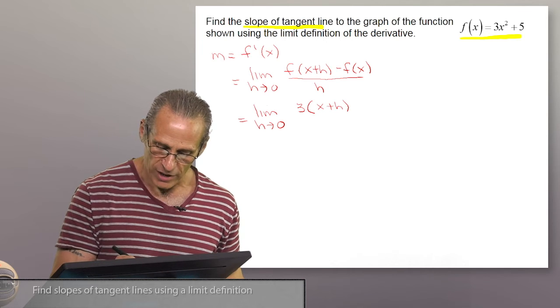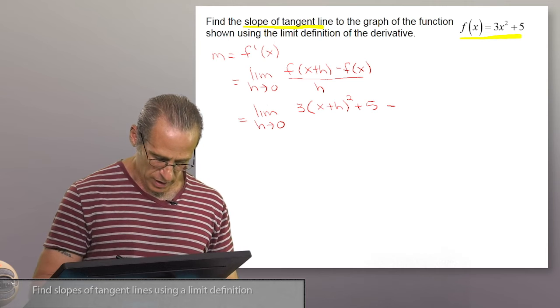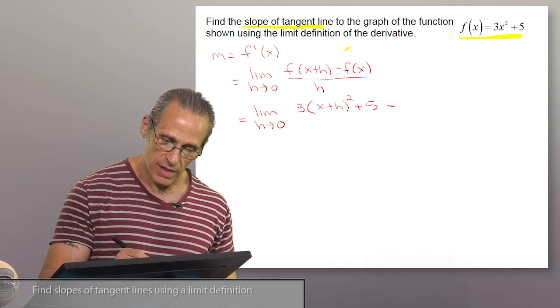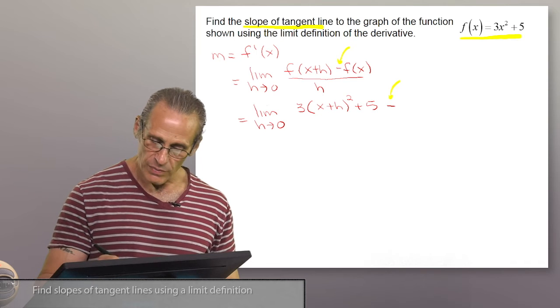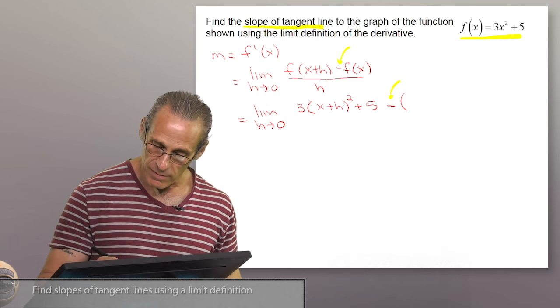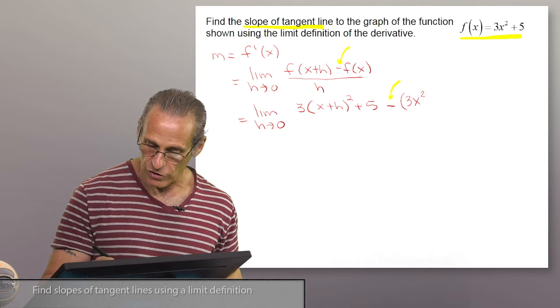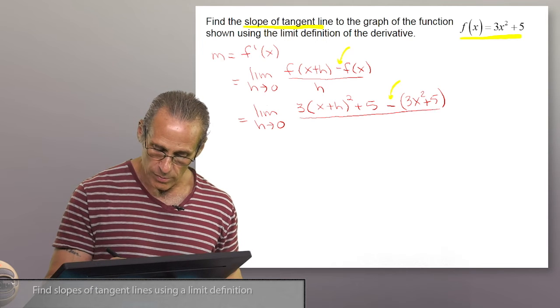So it would be 3 times x plus h squared plus 5, minus, and to make sure you're seeing where we are, that minus is this one right here, minus the function. And the function is going to be 3x squared plus 5. So I need parentheses around both terms because I'm subtracting over h.